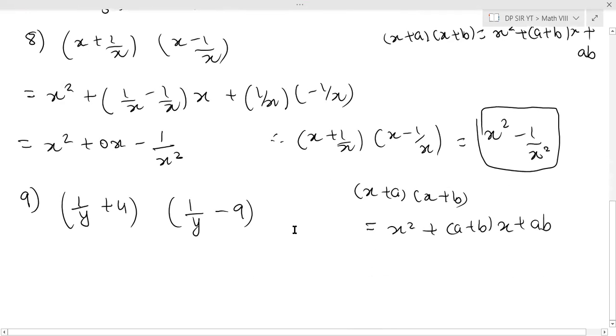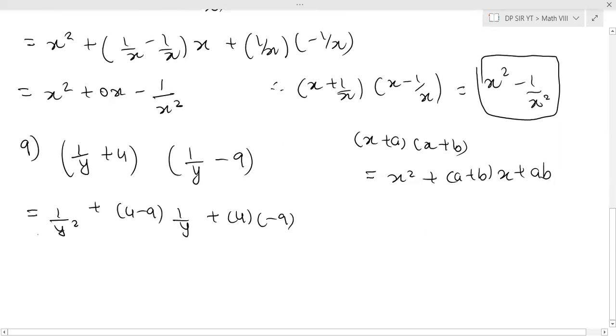So इधर क्या आ जाएगा मुझे, 1 upon y square plus (4 minus 9), that is bracket, 4 minus 9. Don't forget that x here, so it would be into 1 upon y, plus ab, so it's 4 into minus 9.